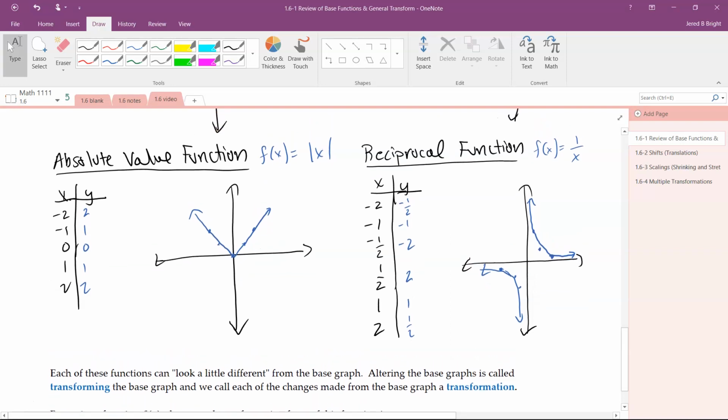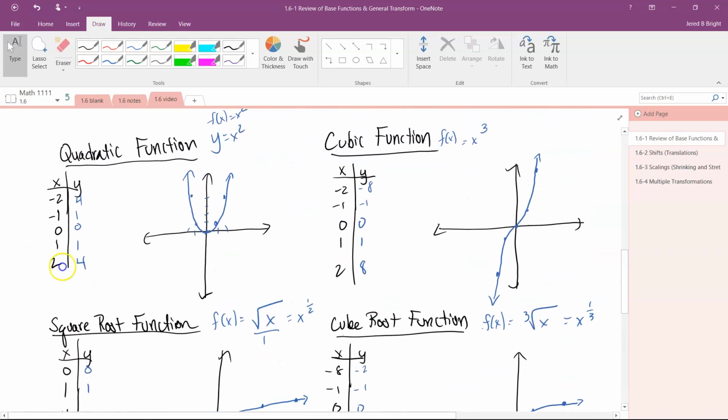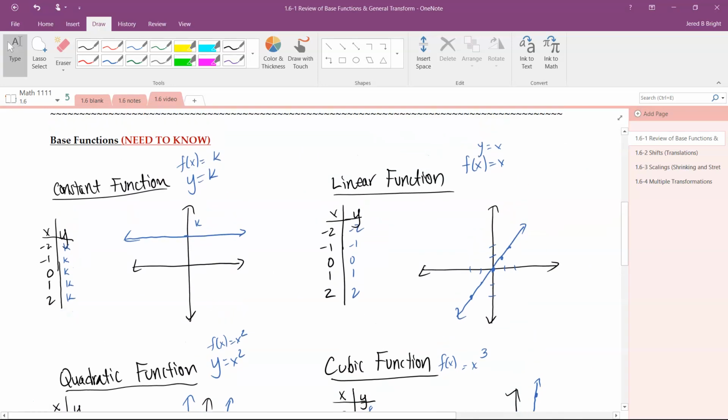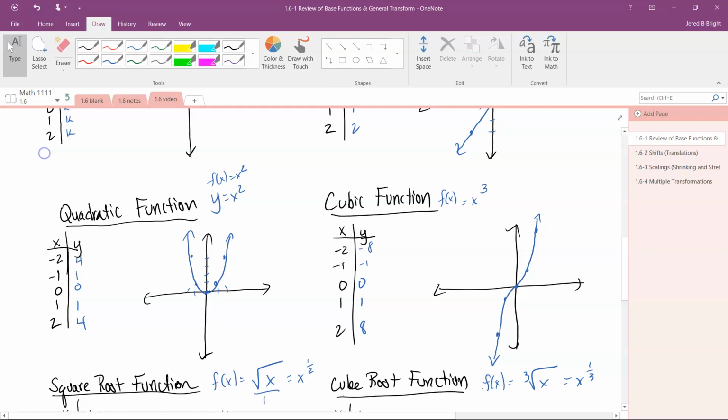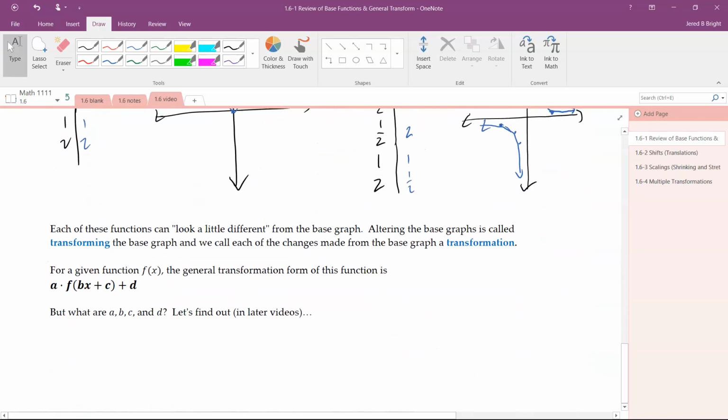Okay. Now, these base functions that we just worked with, we don't always see them like this. Like when we studied linear functions, we had y is equal to mx plus b, right? We didn't have just x. So when we look at something that's a little different, we call that a transformation of that graph.